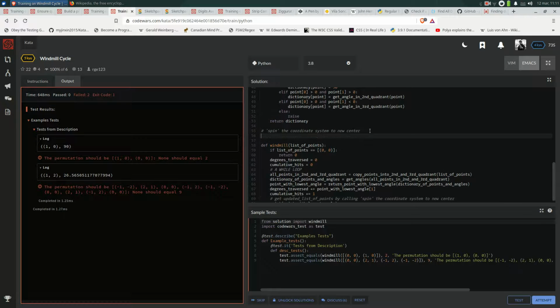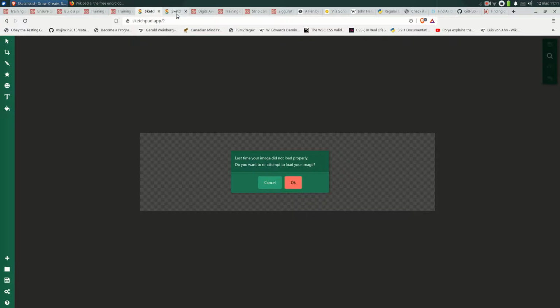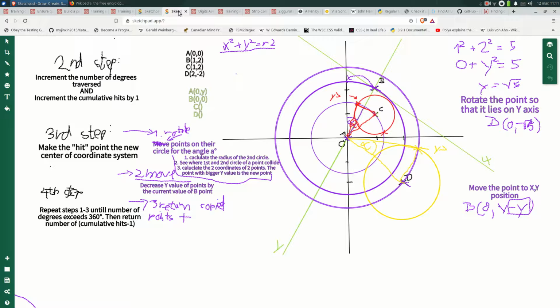And what do we get? Like def return new set of points. Well, what do we need to have? Angle by which it is rotated.